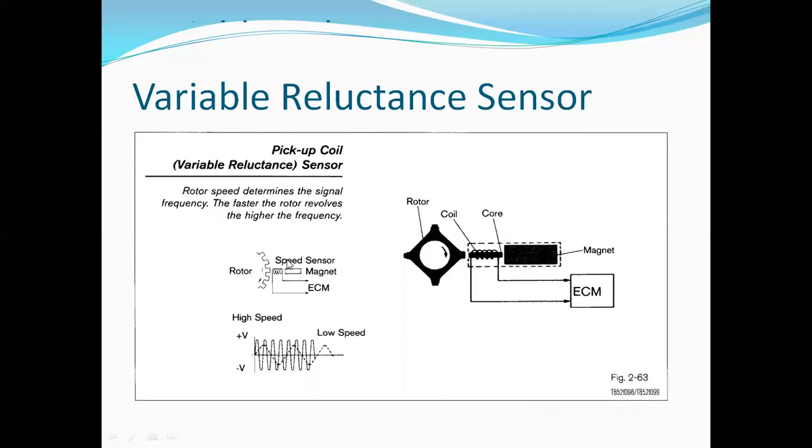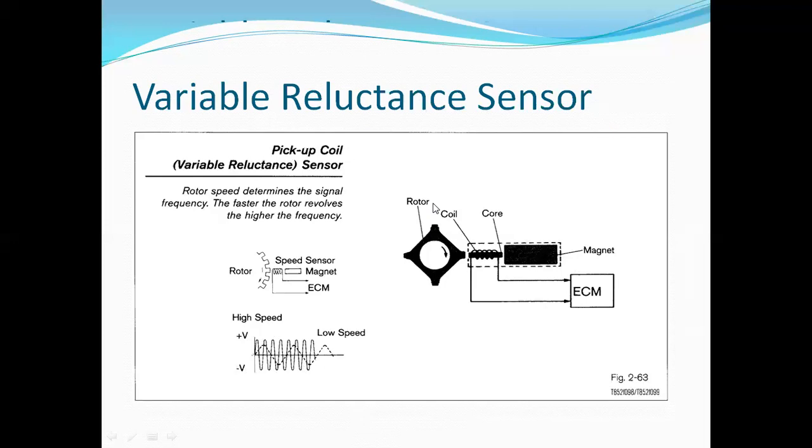That generated field will be captured by the ECM, and these voltage fluctuations will be captured with respect to the frequency modulator, which then stabilizes it.